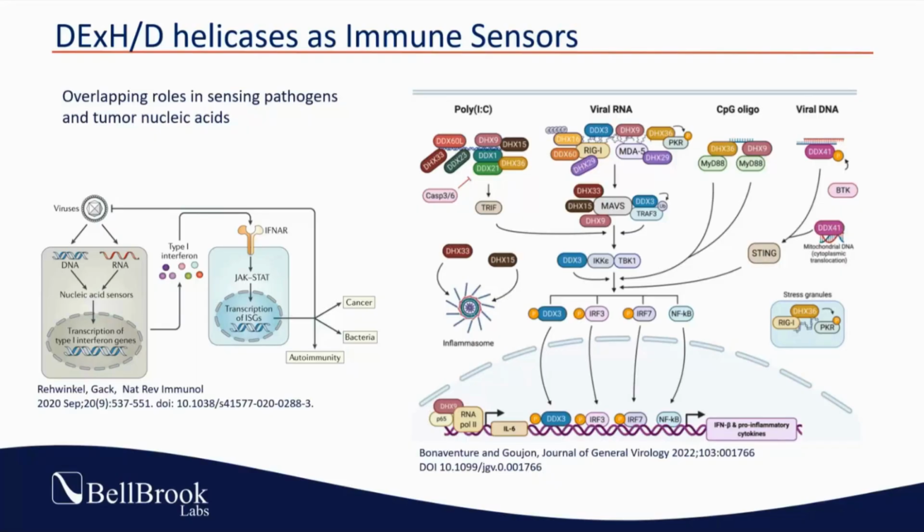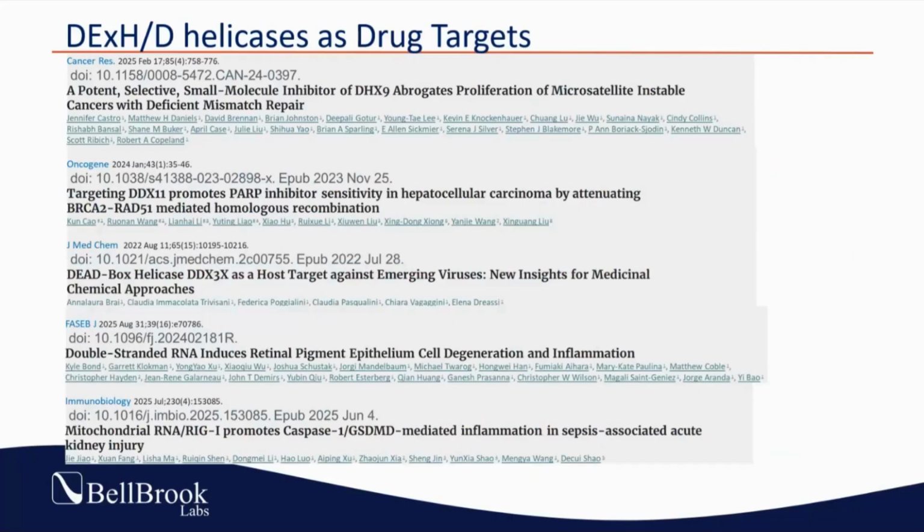So they are deeply involved as immune sensors, and that places them as therapeutic targets for antivirals, for anti-cancers, and for autoimmune conditions. Here are some examples of where they're being pursued or validated as drug targets.